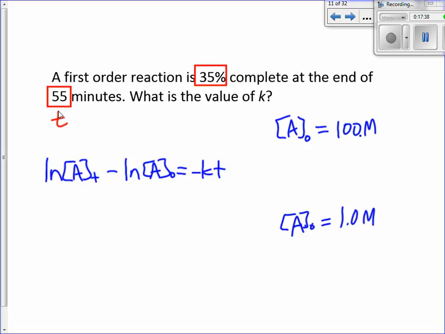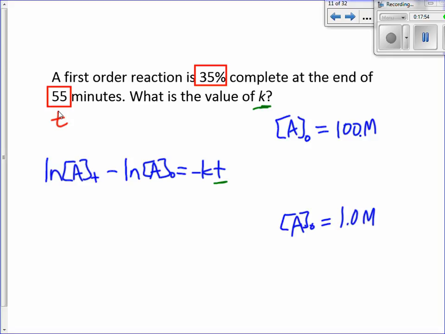This is the first order integrated rate law equation. We do know t because it's 55. We don't know K, that's what we're trying to solve for. And we've made up numbers now based off our 35% that we can use in here.